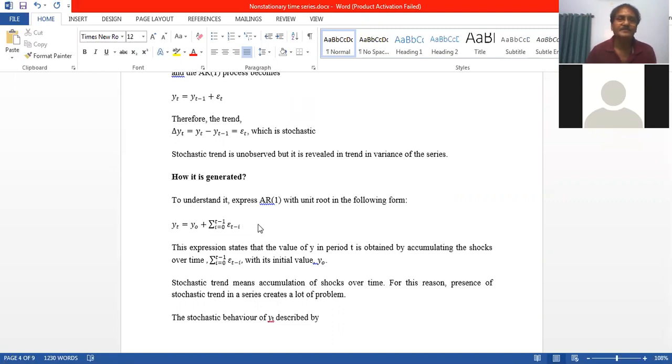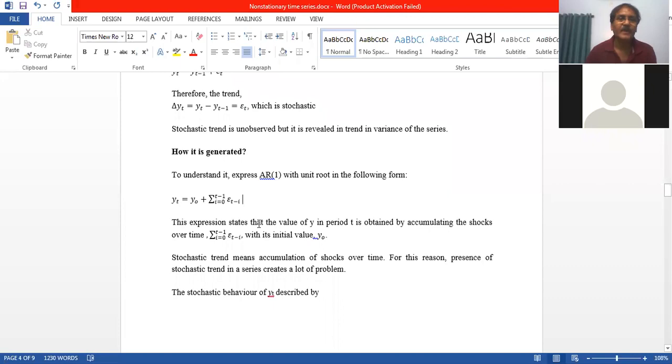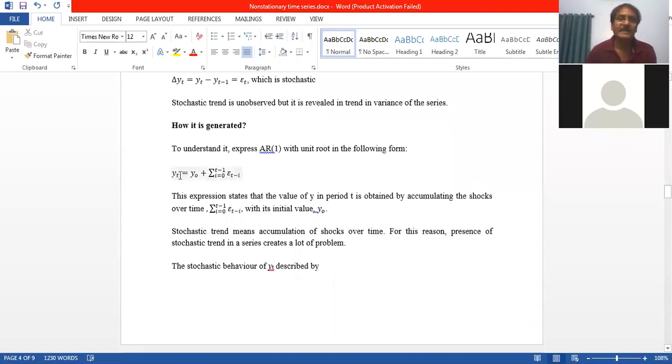What does it mean? That is, the value of y in period t is equal to its initial value y naught plus accumulation of the random shocks from the initial period. So by getting accumulation of the random shocks, you get the present value of y.